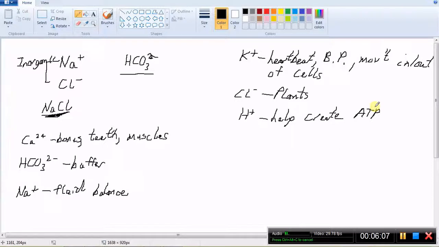All of our cells, all the chemical reactions, everything that goes on in our body uses ATP, or most of it uses ATP as its energy source. So if we can't make ATP, we're going to die. Okay, so I think that's it for 2.05.